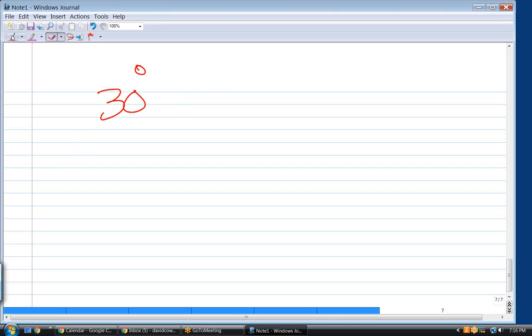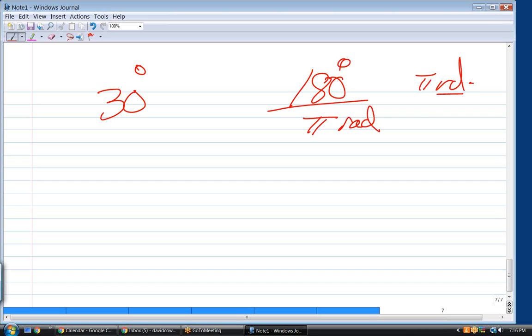It'd be 30 pi over 180. You can do all of these forwards and backwards if you just use the conversion factor. The conversion factor is either 180 degrees per pi radians or pi radians per 180 degrees, depending on which way you're going.